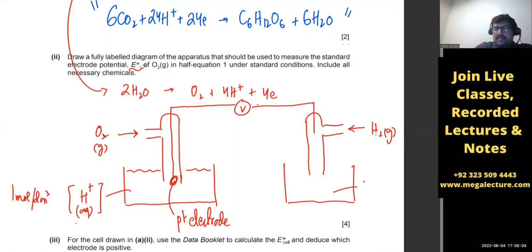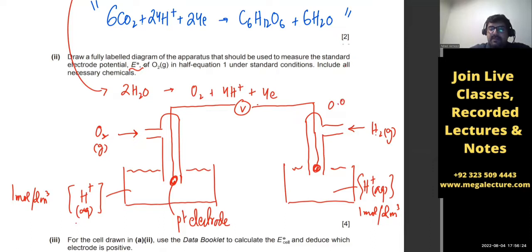Make sure that's H+ aqueous, and it's 1 mole per dm cube. You have to add a platinum catalyst, so label that. This is your 0.00 volts.